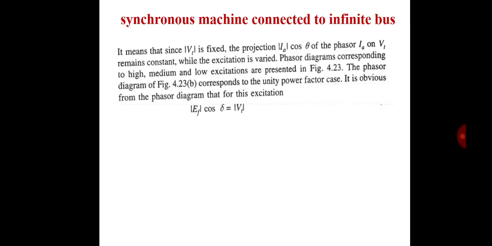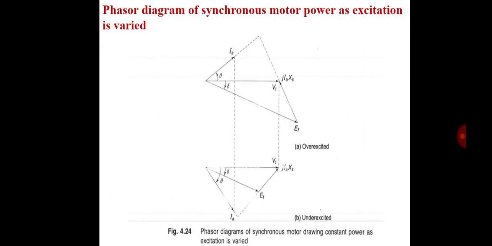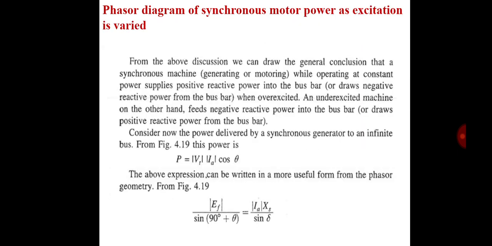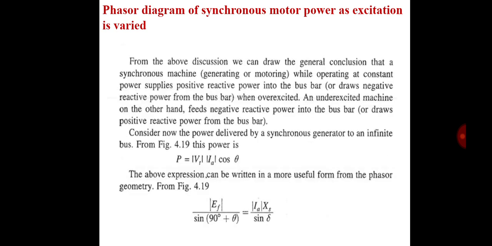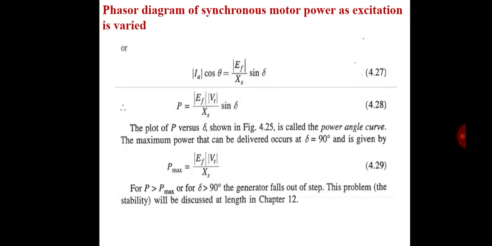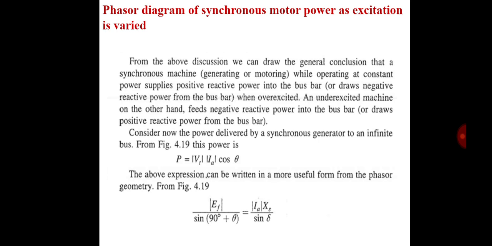Now here is Ef cos delta equal to Vt. In the equation, Ef divided by sin 90 plus theta is equal to Ia into Xs divided by sin delta. Sin 90 plus theta is cos theta.